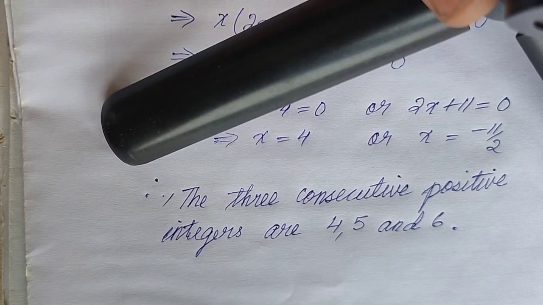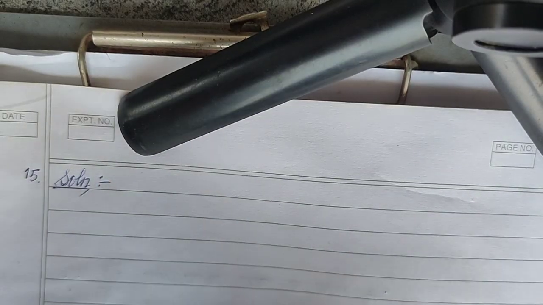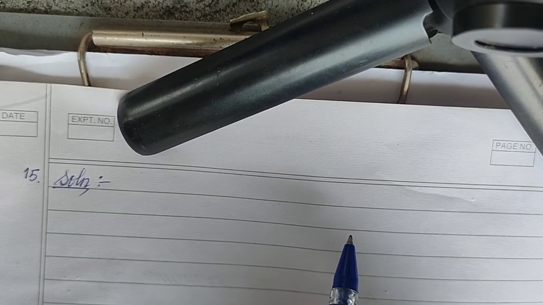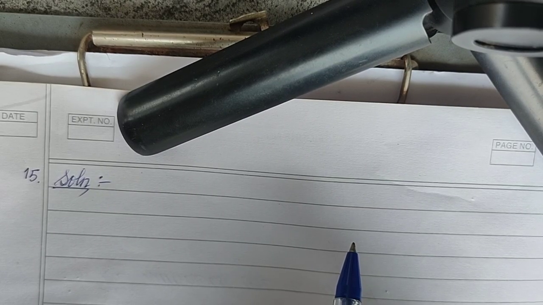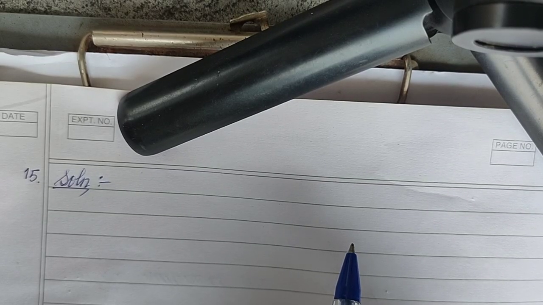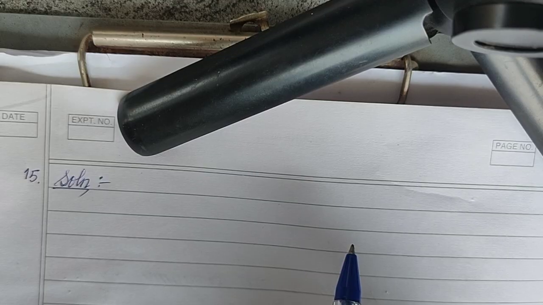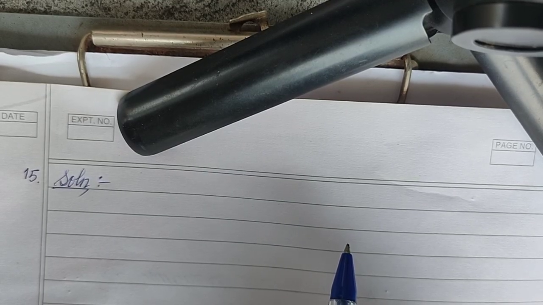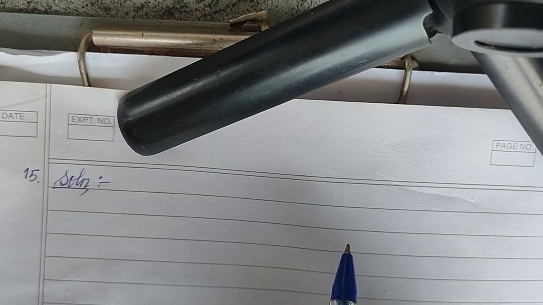Question number 15: the difference of the squares of two numbers is 88. If the larger number is 5 less than twice the smaller number, find the two numbers.